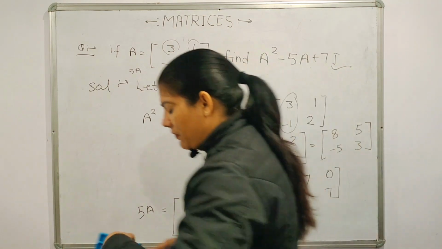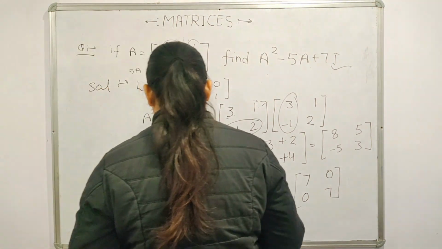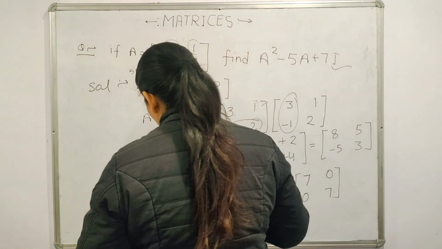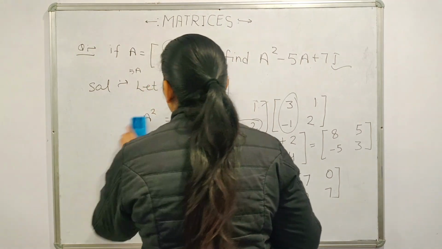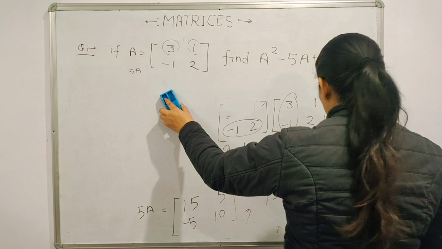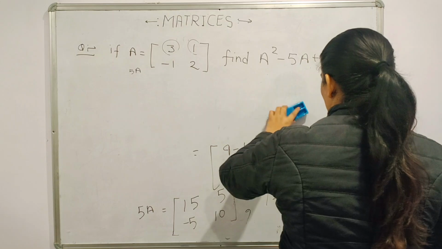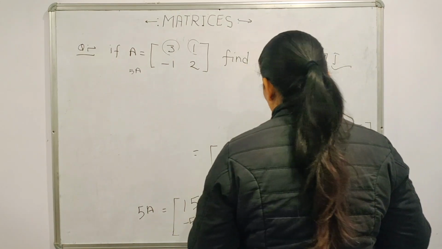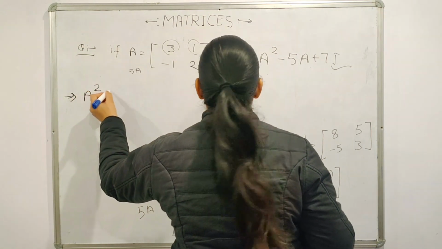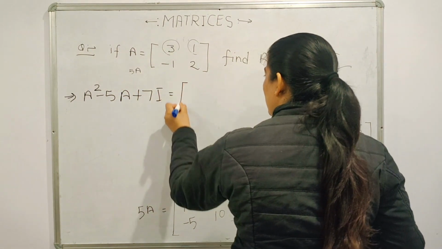So a square minus 5a plus 7i is equal to, what is the value of a square?